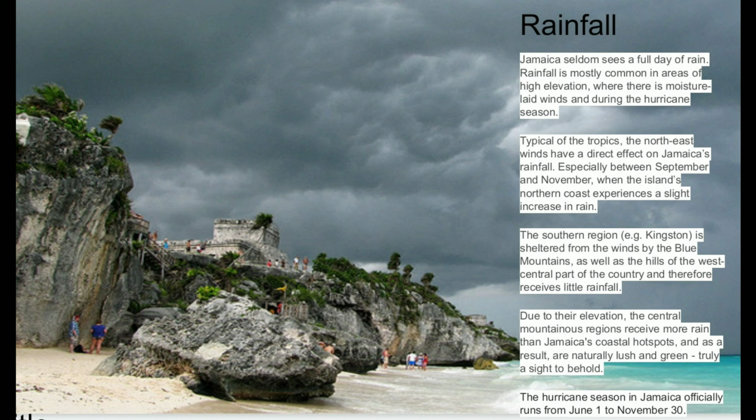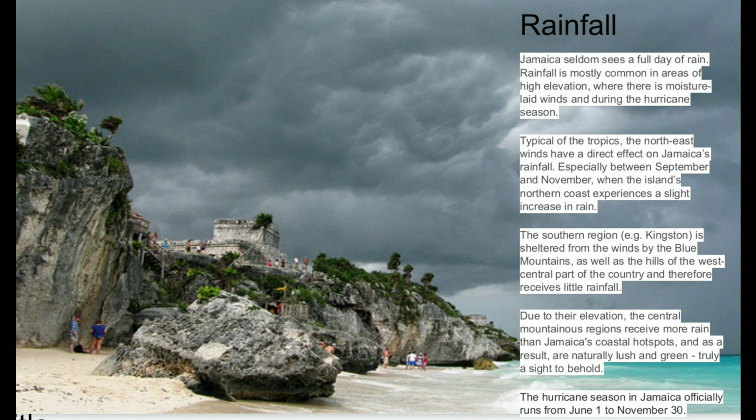The southern region of the island, Kingston, St. Catherine, etc., is sheltered from these northeast winds by the Blue Mountains. So you know we're getting less rainfall on the southern side because we're not receiving those winds. Alright? Due to their elevation, the central mountain regions have more rain than Jamaica's coastal hotspots.